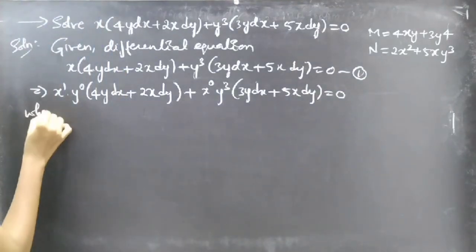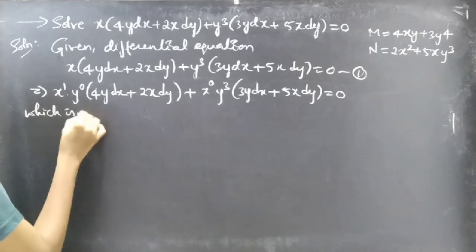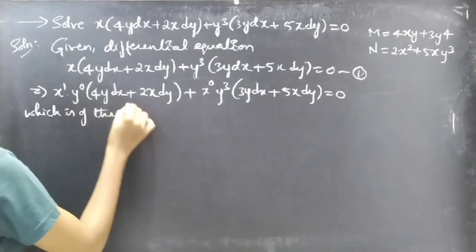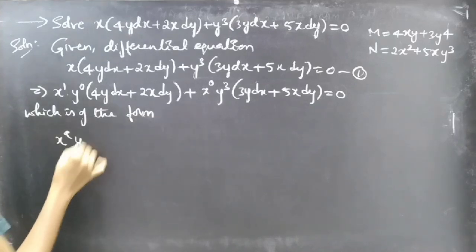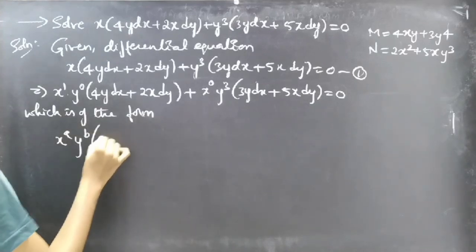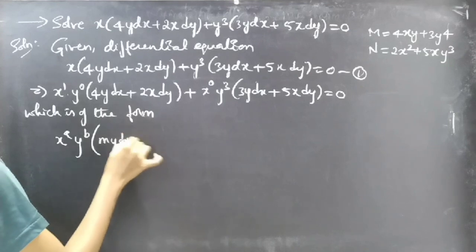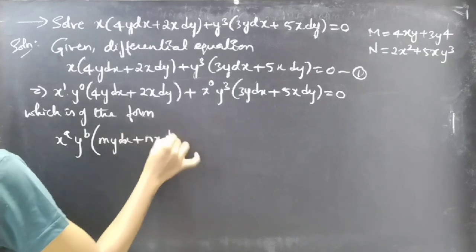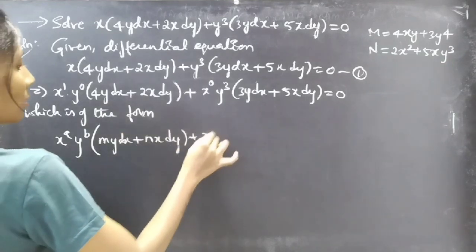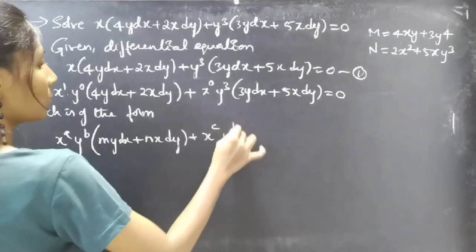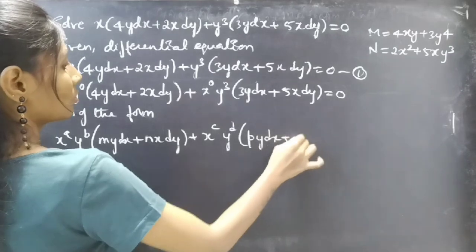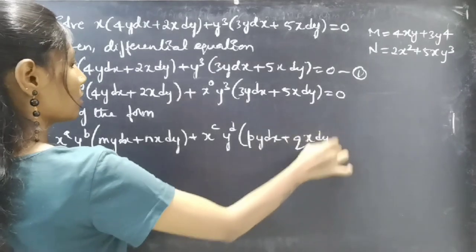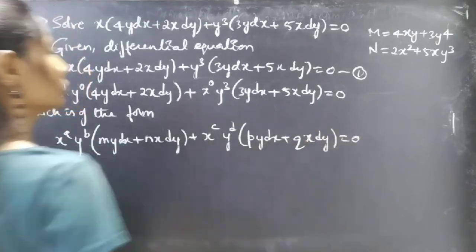Which is of the form x power a y power b into (m y dx plus n x dy) plus x power c y power d into (p y dx plus q x dy) equal to 0, right?